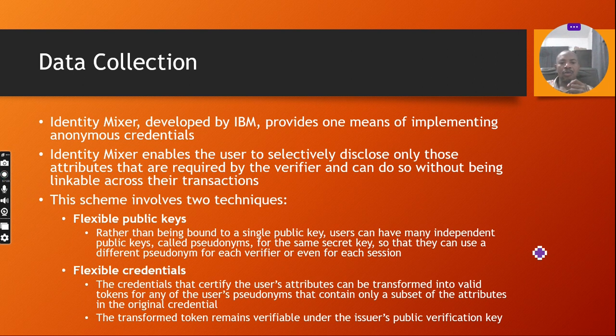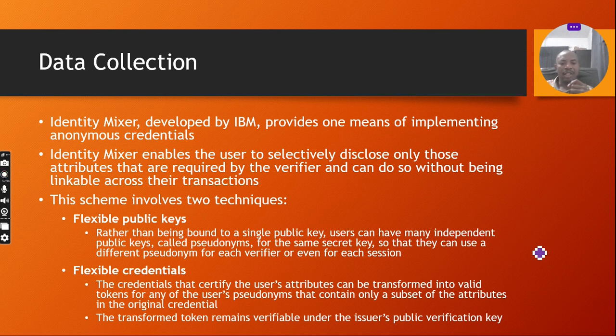These pseudonyms are for the same secret key, so that they can use a different pseudonym for each verifier, or even for each session, every time they want to use a different session. Okay, this is for the flexible public key.